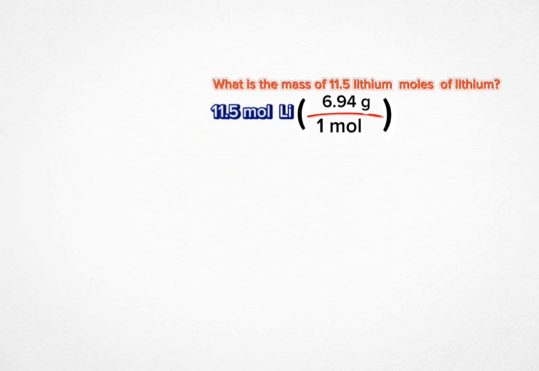The moles on the top and bottom cancel each other out because 1 is on the bottom of the fraction. In your calculator, type 11.5 times 6.94. The answer works out to be 79.8 grams of lithium. That is how to convert between moles and grams for elements.